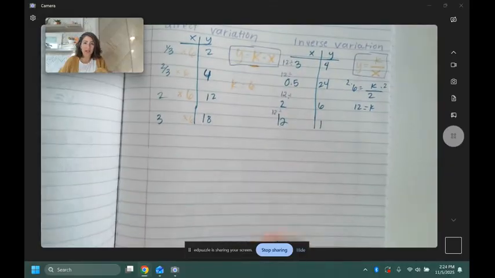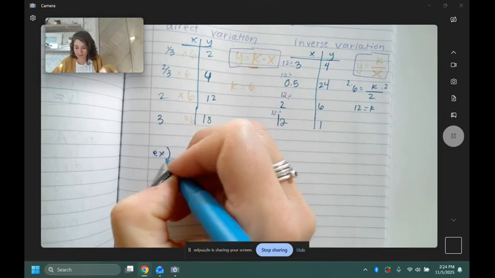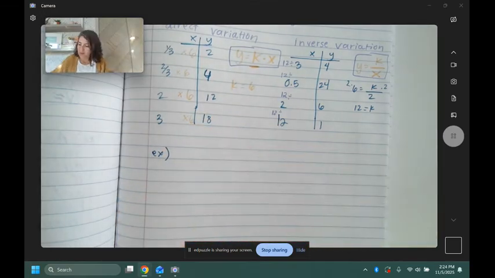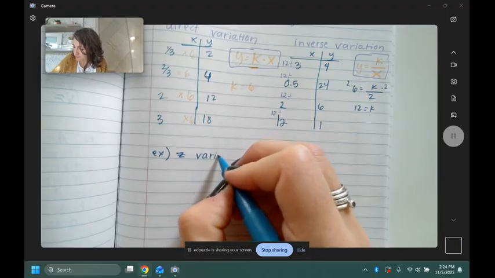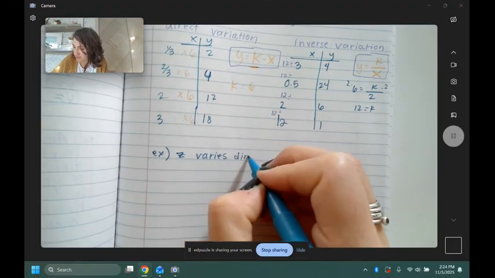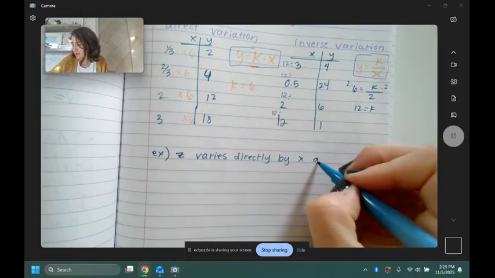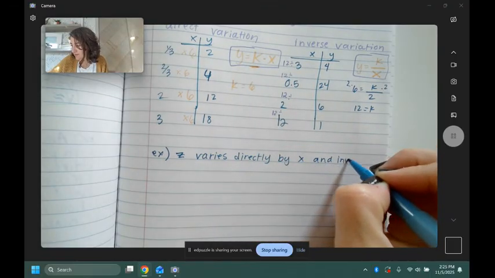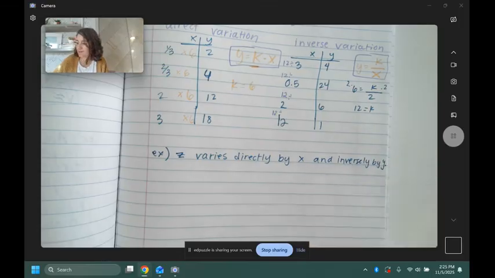All right, so let's take a look at a literal equation. For example, let's say that Z varies directly by x and inversely by y.